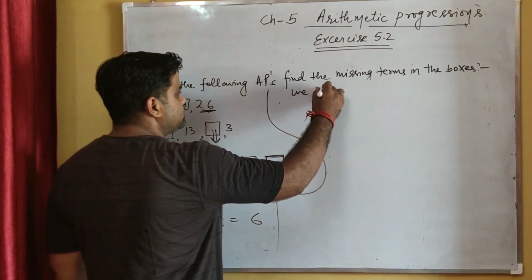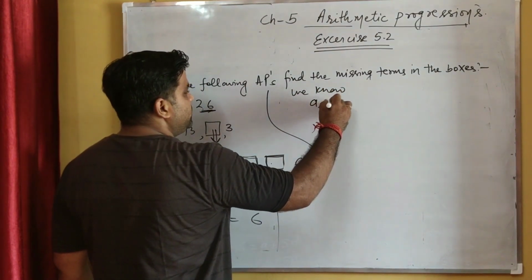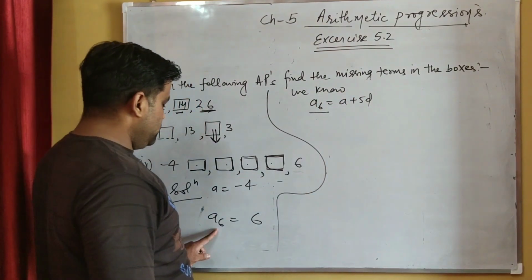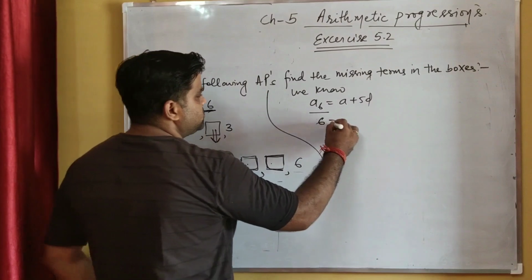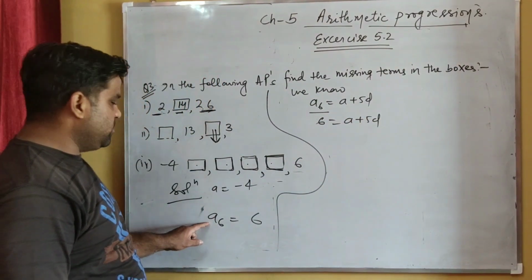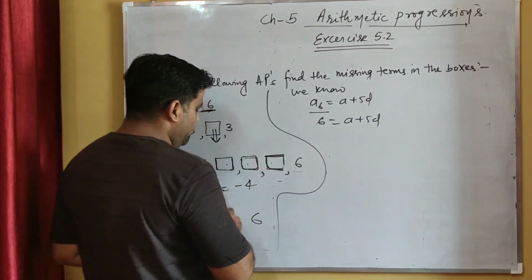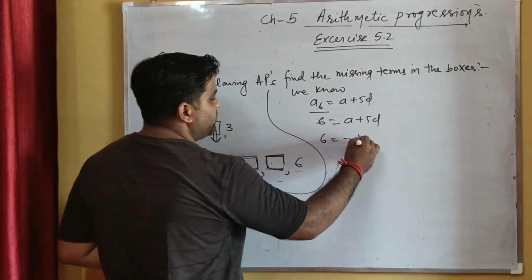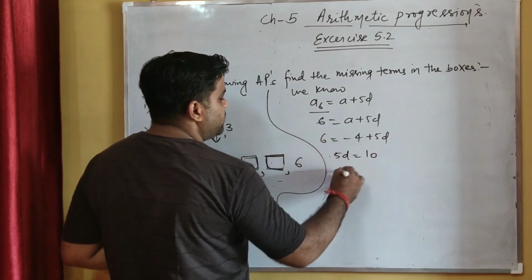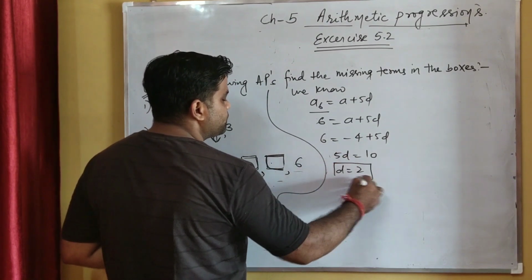Now let us come to the solution. We know the sixth term is given by a plus 5d. So we put the value of the sixth term, which is equal to 6. It is a plus 5d. So 6 equals a plus 5d. Here on putting the value of a equals minus 4 in that equation, 5d equals 10 and d equals 2.